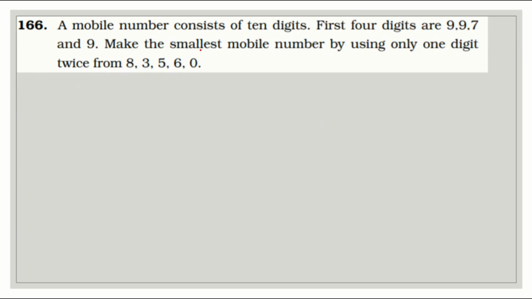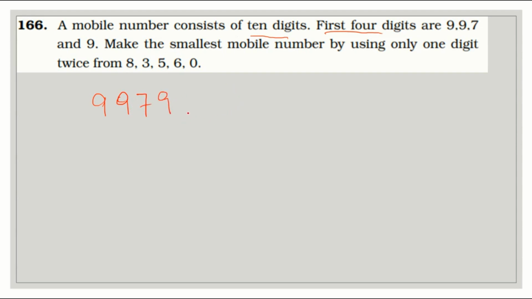Next, coming to the next question, a mobile number consists of 10 digits. The first 4 digits are given: 9, 9, 7, 9.